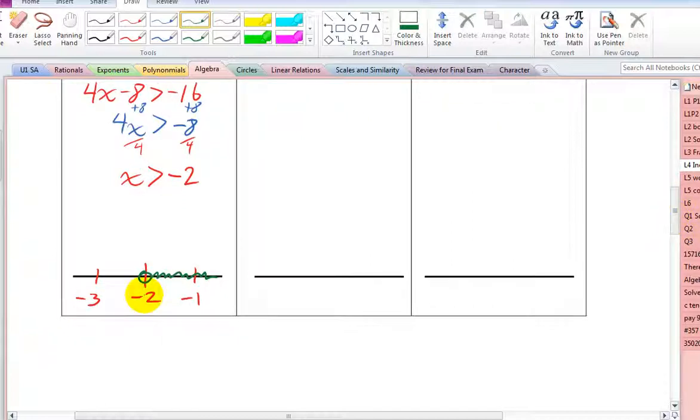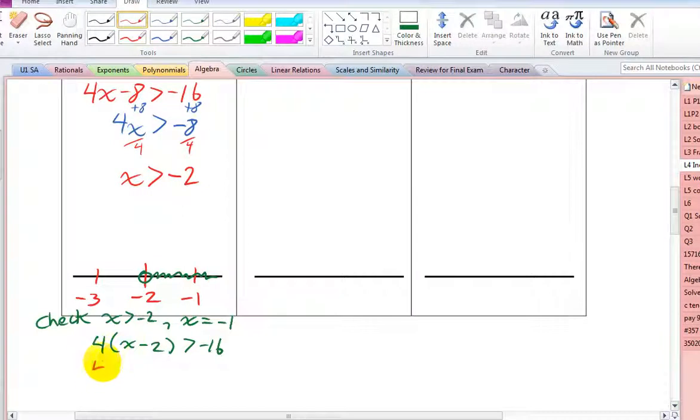So let's check. For your check, you have to choose something that x is greater than negative 2. So we're going to say x equals what? 4 works. Well, let's just choose negative 1 or 0. Those are easy math ones. But just make sure that you have something that's a possible answer. So then we got 4x minus 2 greater than negative 16.